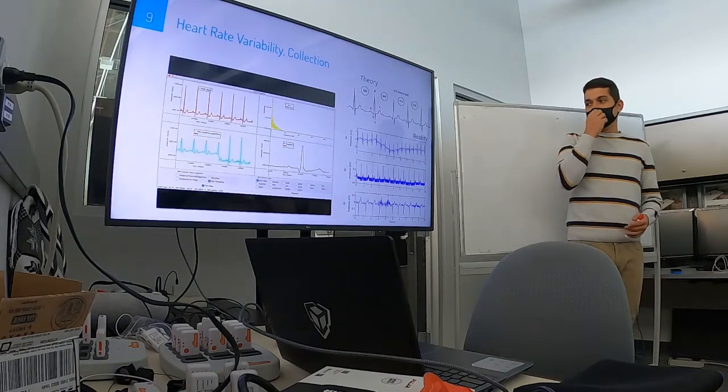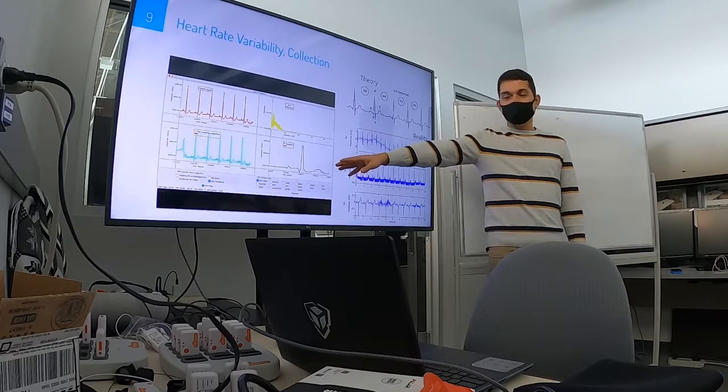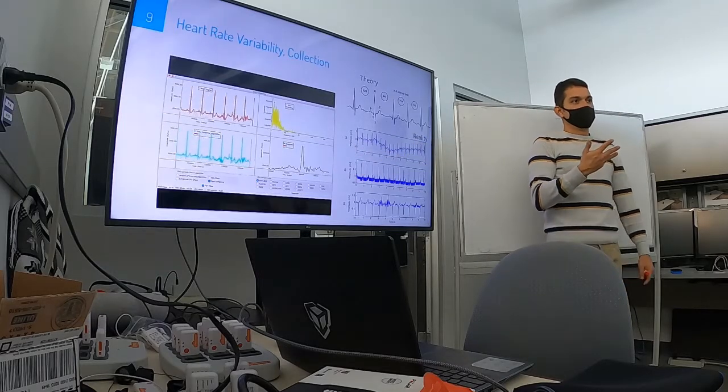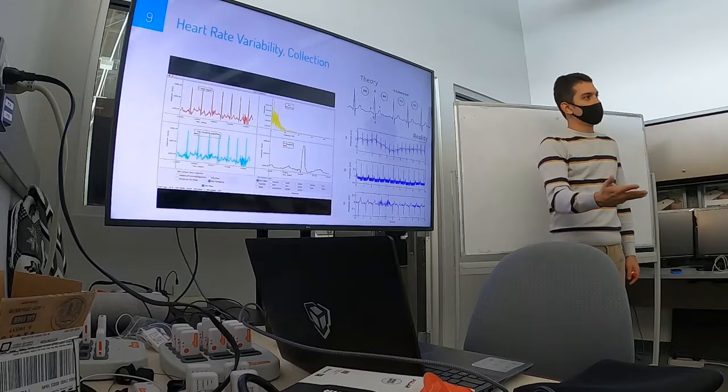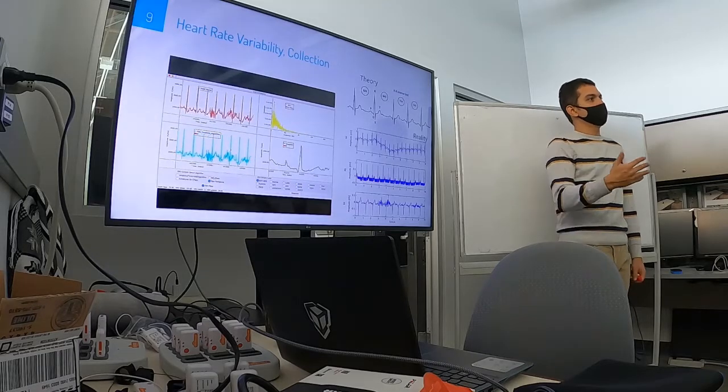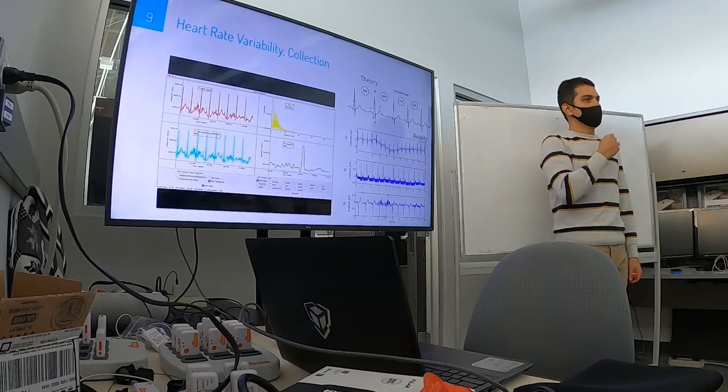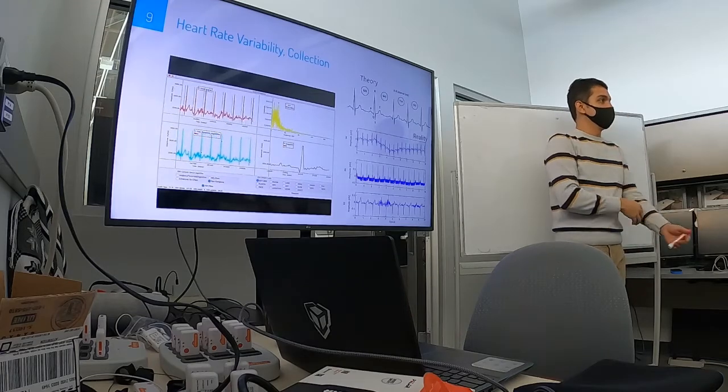So this is important to be visualized, because I would like to reinforce the importance of doing pre-processing and good feature extraction, especially when it comes to real-time processing.